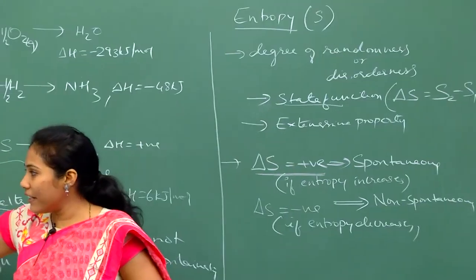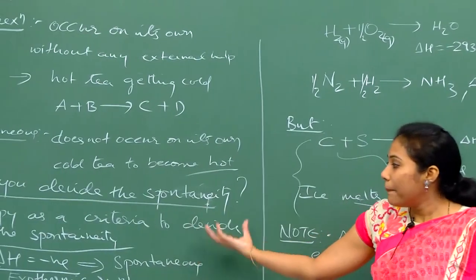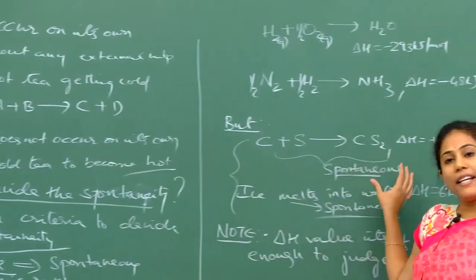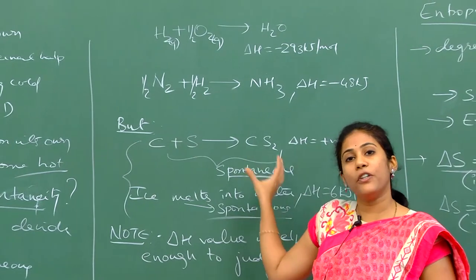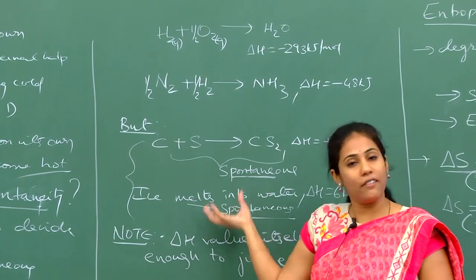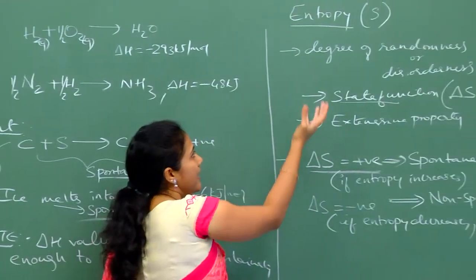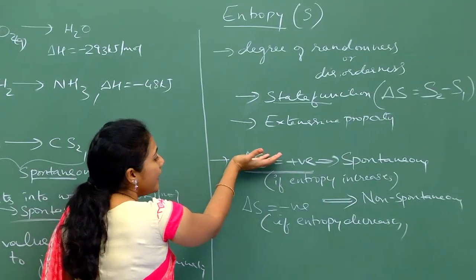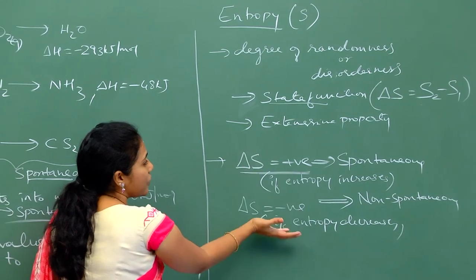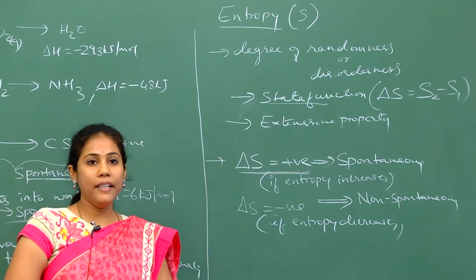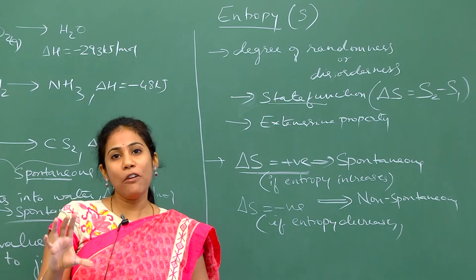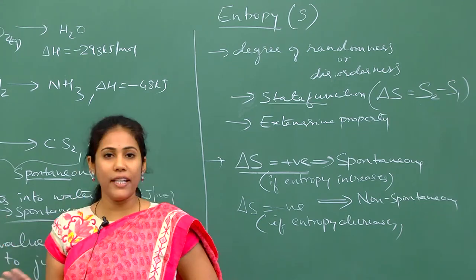Delta H can also tell about spontaneity, but you have a problem with delta H. Some of the reactions which were endothermic were also spontaneous. That's the reason we went for the new term, that is delta S. So finally we reached this condition. But actually speaking, you cannot tell about spontaneity only based on enthalpy.